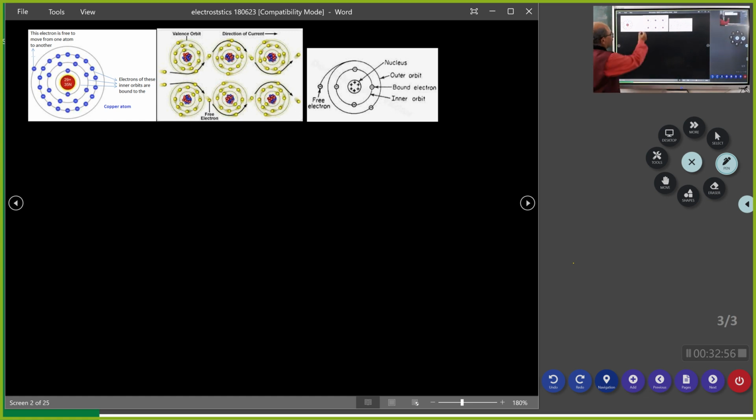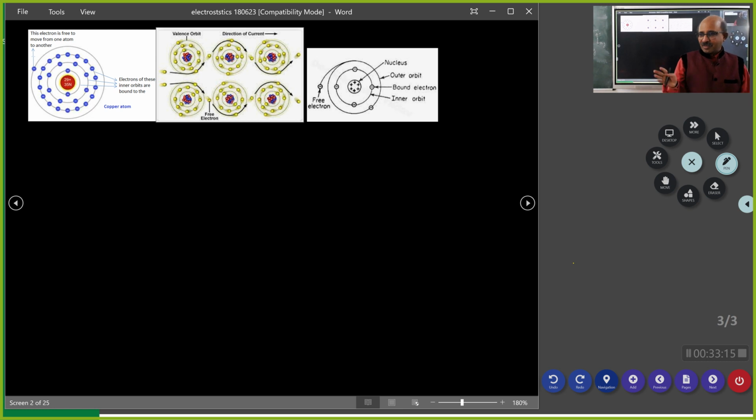So this electron which is entering through the wire, what will it do? It will come and occupy this place, and this electron will go and occupy this place. This electron will occupy this place, and so on and so forth. In other words, that free electron can move through the material freely. It can freely move, but other electrons cannot freely move. Got it?